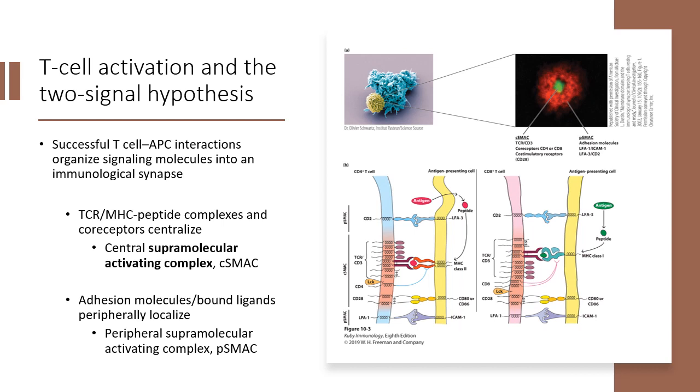So basically, it's this region that's colored in red on the lower part of the diagram. That's what forms the central supramolecular complex. And then the next ring out from that, the peripheral supramolecular activating complex, the PSMAC region, includes any other adhesion molecules that may engage.